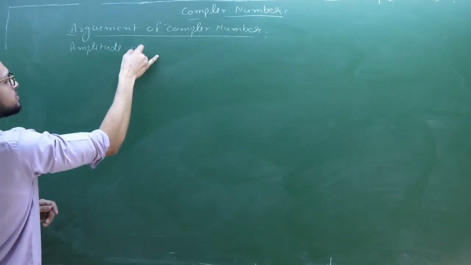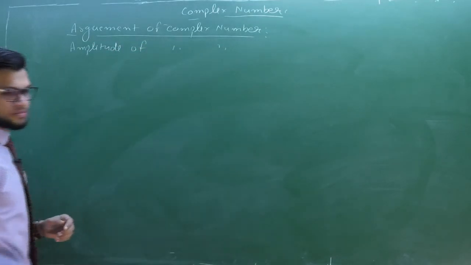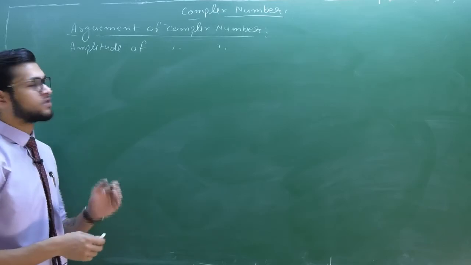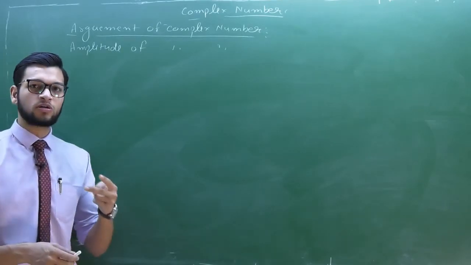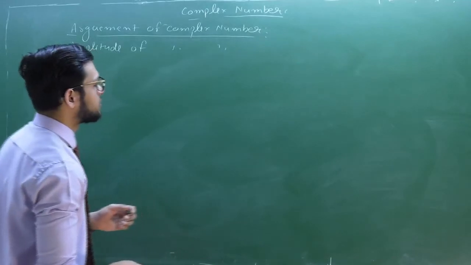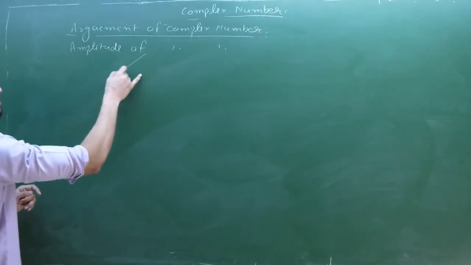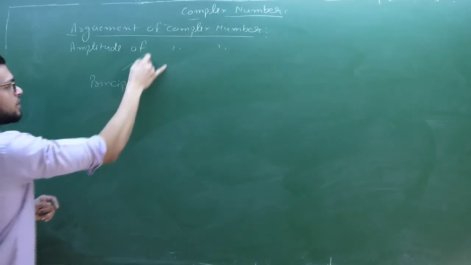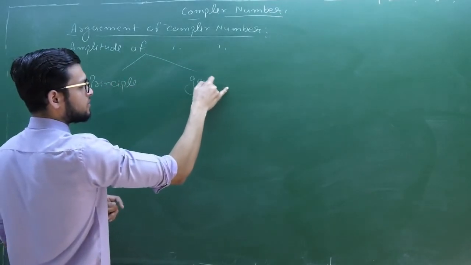So guys, please listen very carefully. It's quite confusing. For the argument of complex number, we have two terms. The first one is principal argument and the second one is general argument.